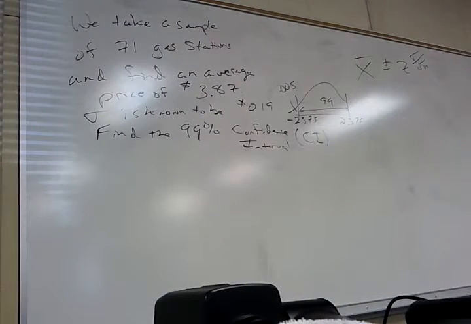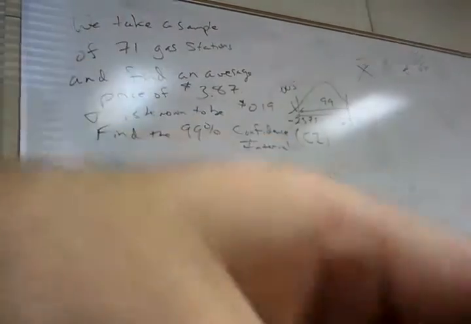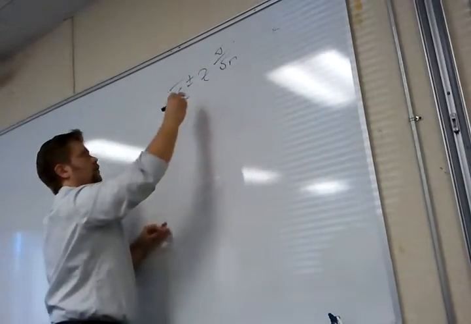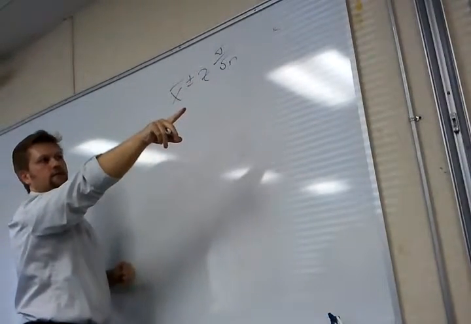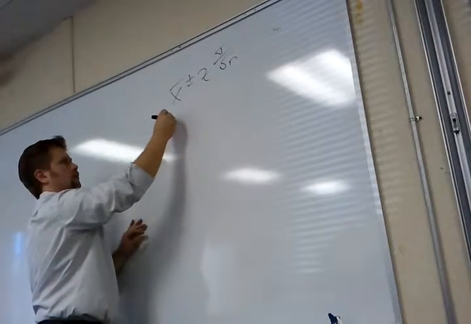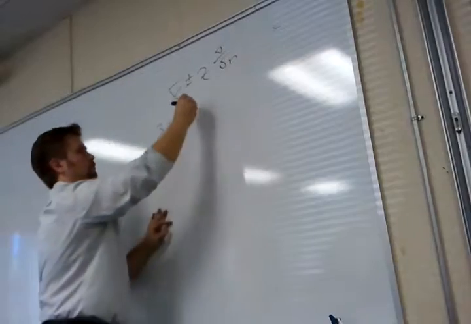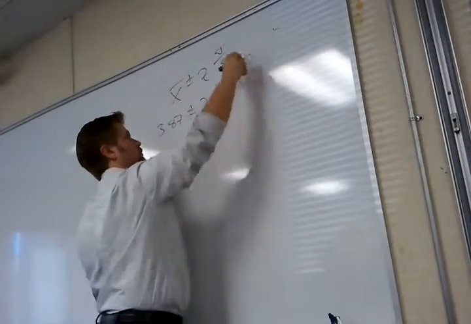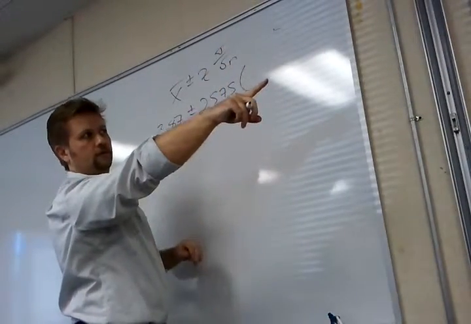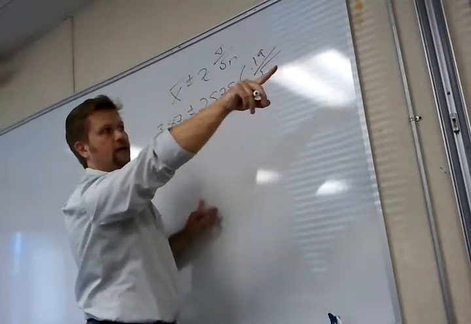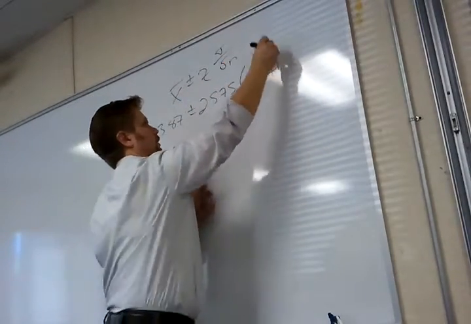It's X bar plus or minus Z sigma over square root of N. So X bar is 3.87, give or take the Z score we just found, 2.575, times the standard deviation, 0.19, divided by the square root of the sample size, 71.